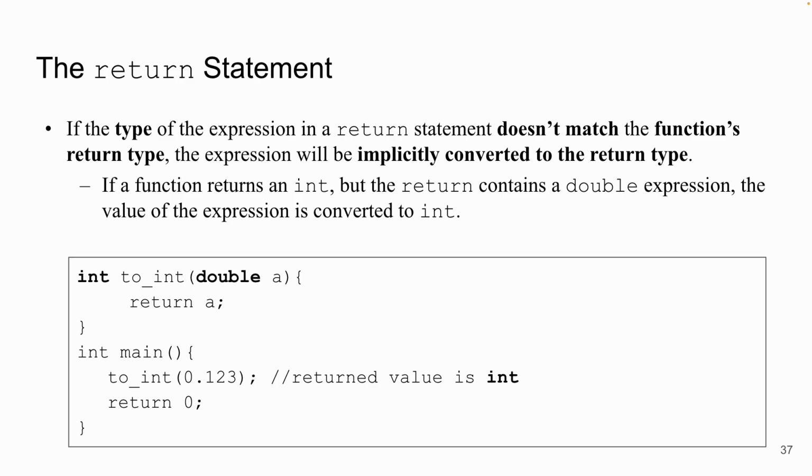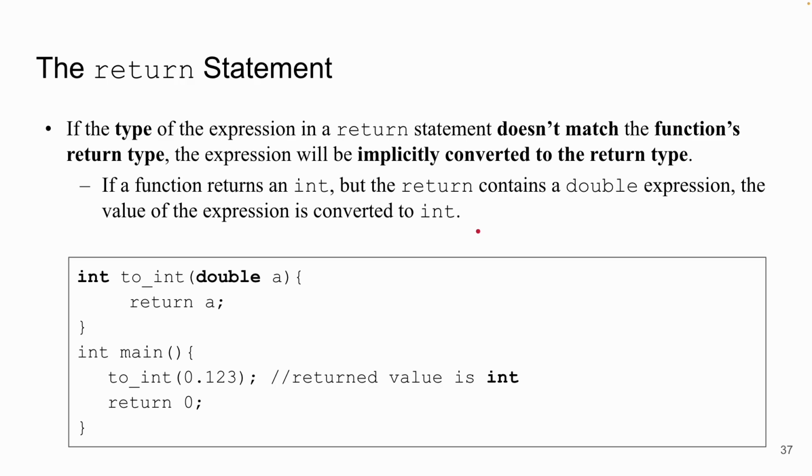It will convert the return value of this expression into the return type of this function. So in this case, what this toInt function will return is an integer value, even although what we put in the return statement is a double value.